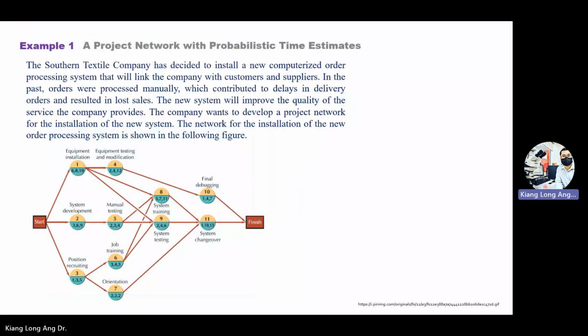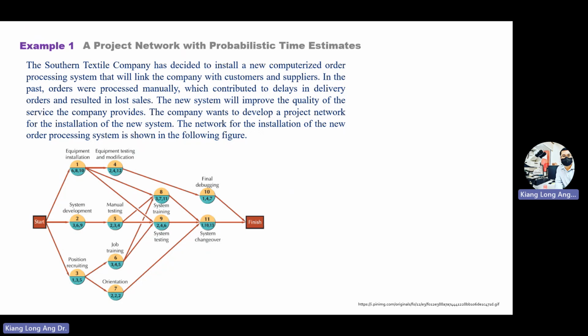So if you have the tutorial, you have this question. This project is a network, and we have start and finish. It's a textile company. They decide to install a new computerized order processing system that links the company with customer and supplier.